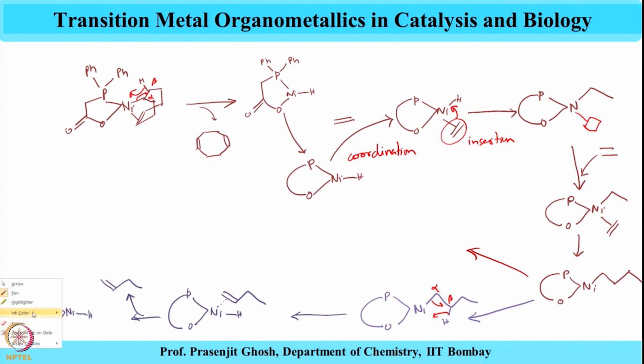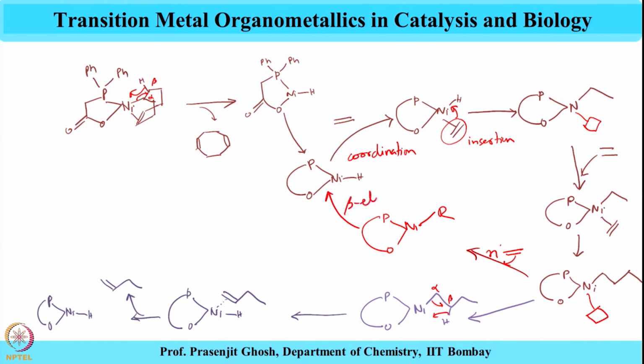Another olefin can come n times, bind in the vacant site n times and undergo coordination insertion to give a nickel alkyl species, and this nickel alkyl species can beta eliminate to give the nickel hydride along with the long chain alpha olefin.